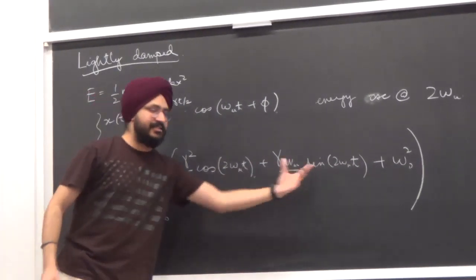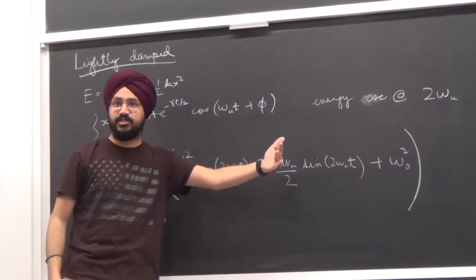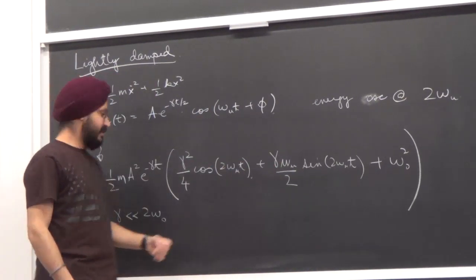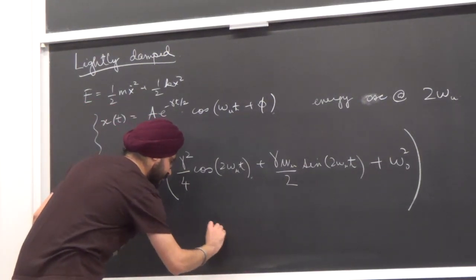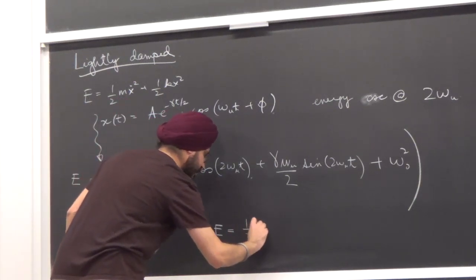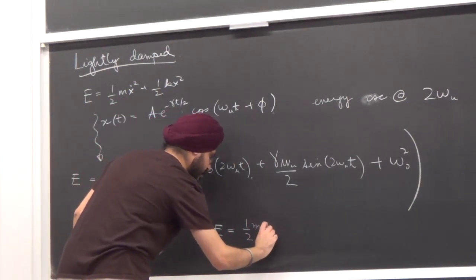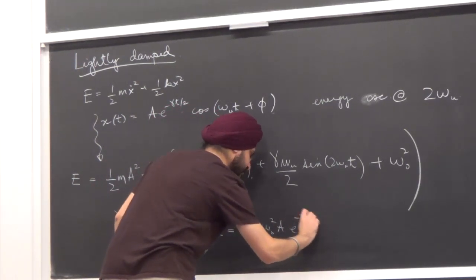The average pieces will vanish for the oscillating pieces because they don't change as much for the very lightly damped case. And what you find, you just work it out, is that energy is just 1/2 m omega naught squared A e to the minus gamma t.